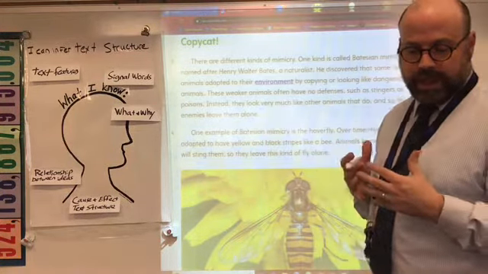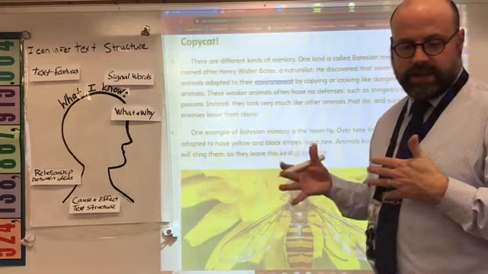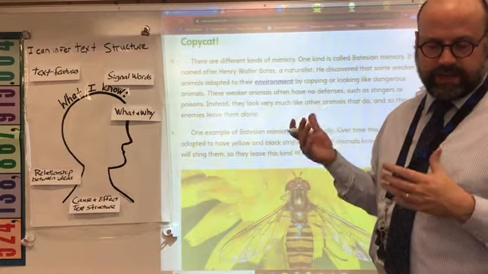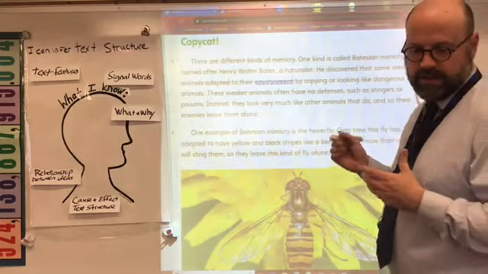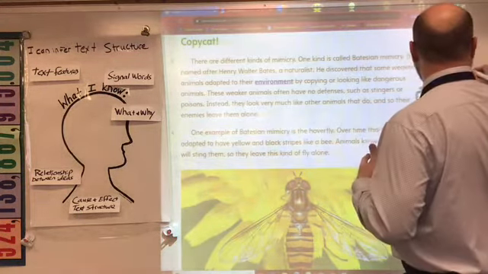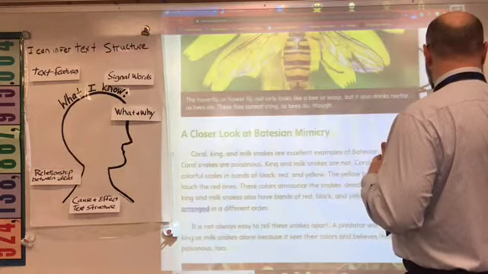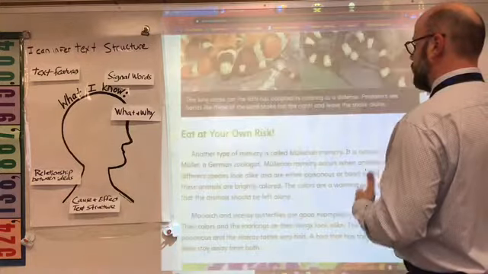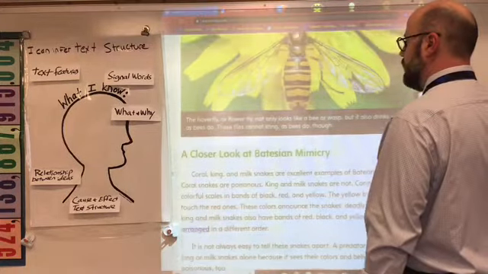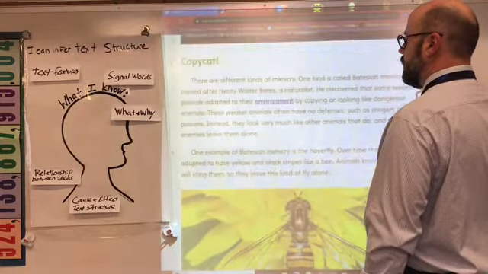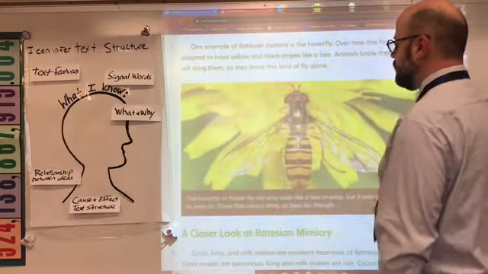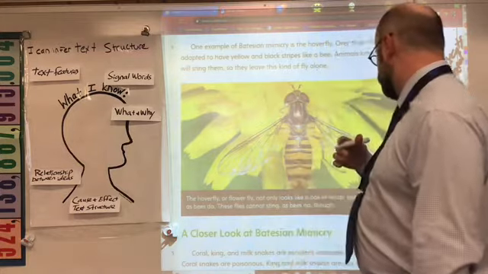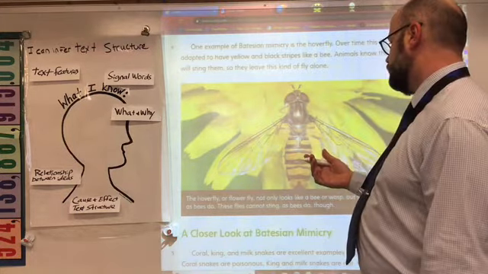But I want to know, why does the author include the heading and that caption about the hoverfly? Back up. Why does the author include copycat, and why does the author include the picture of this hoverfly and then that caption?